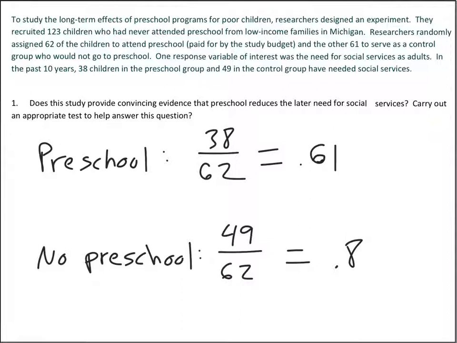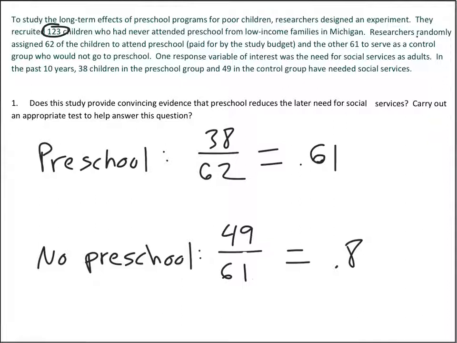For those that didn't go to preschool, it was 80. Okay, so it dropped, right? We saw a 19% drop from two samples of 62 and 61, because there were 123 children that took part, so they were split as evenly as possible.